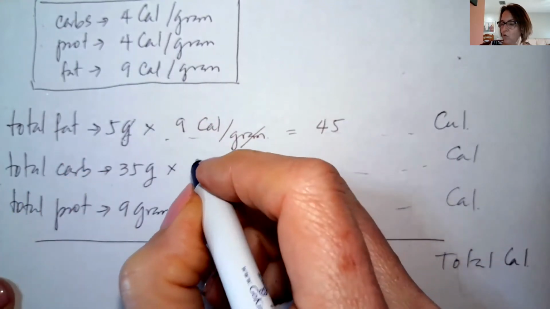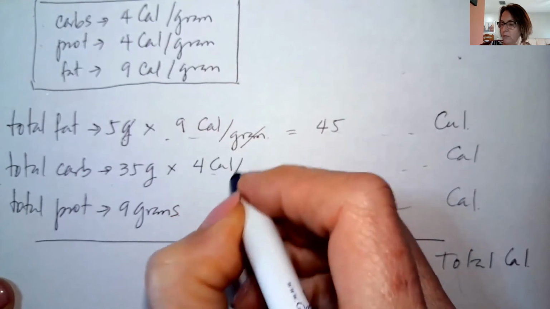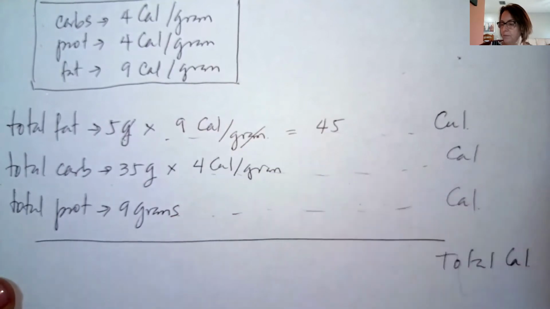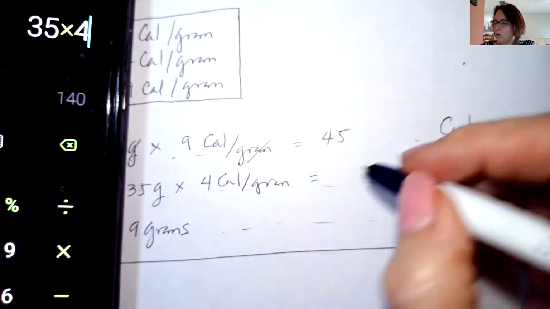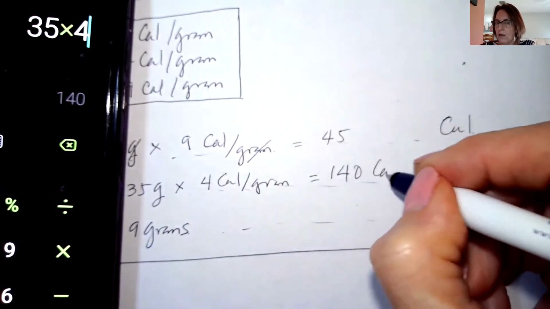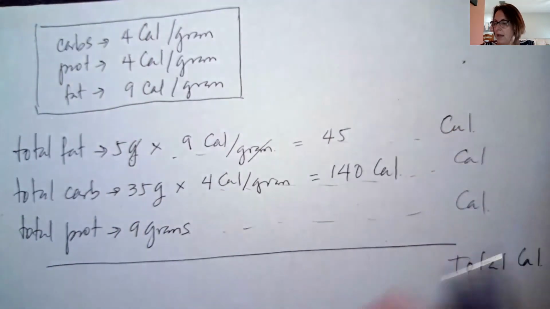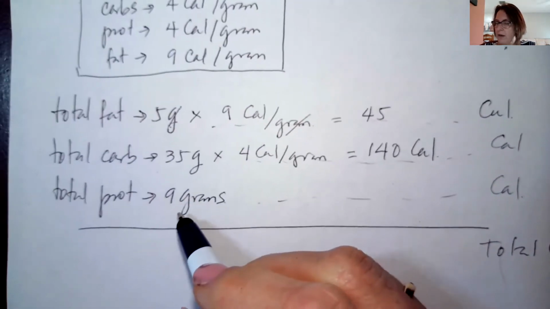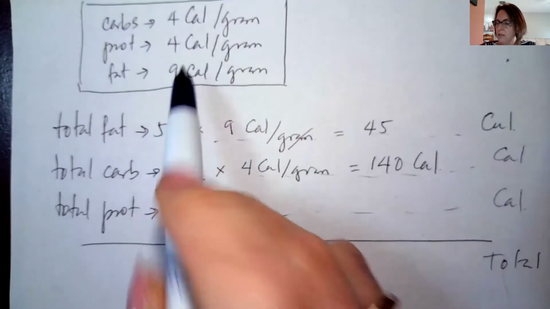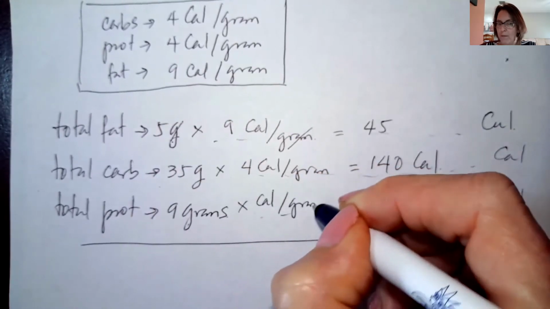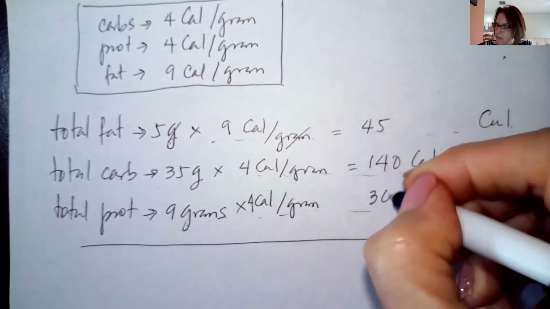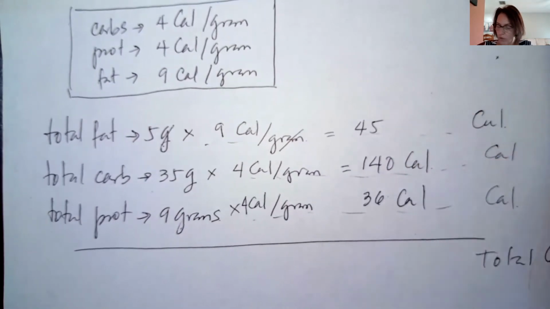So times 4 calories per gram, and this will give us 140 calories. And in proteins, I have 9 grams times 4 calories per gram, 36 calories in total.